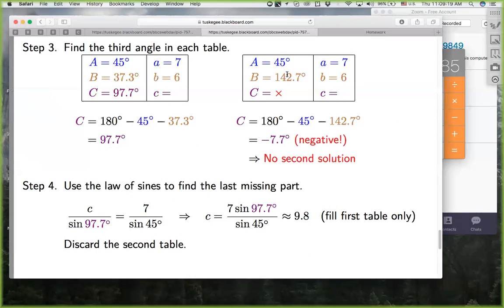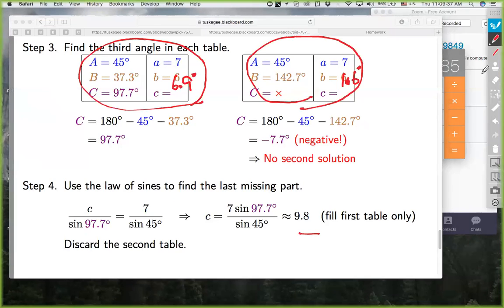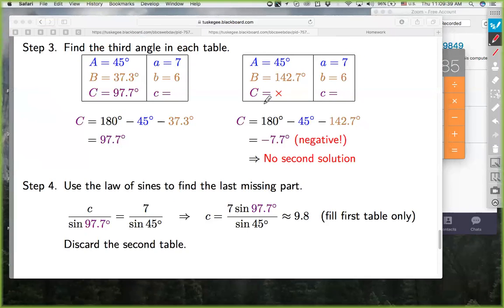It can't happen, right? If you get into this problem, negative angles or the sum of two angles go over 180, that's when you can't have this second solution. This does not make sense. If it is something that does not make sense, you can say that there is no second solution.